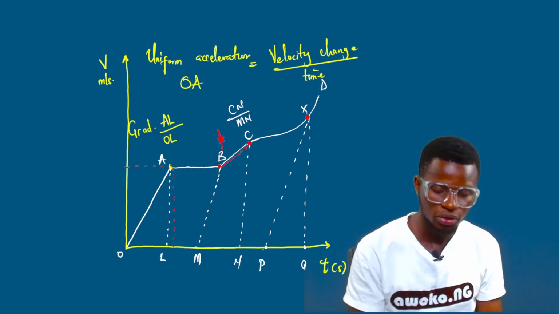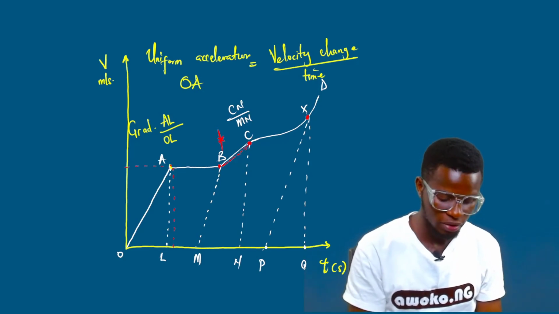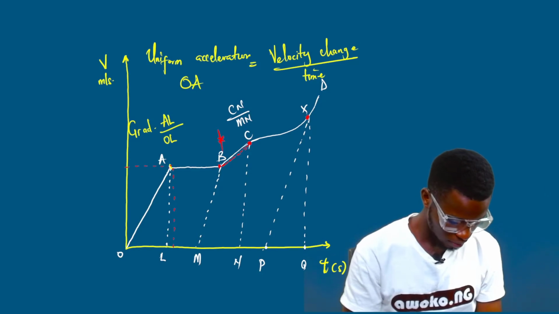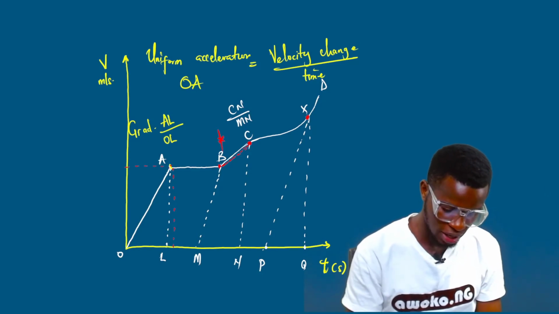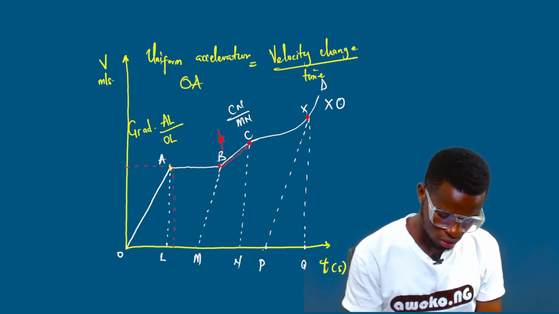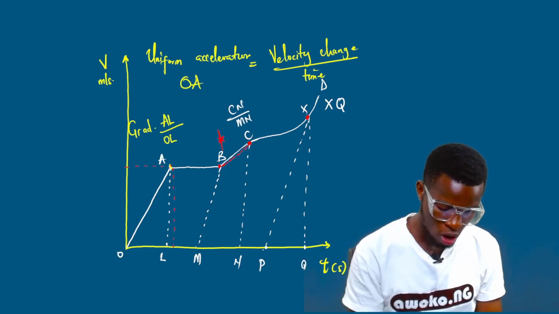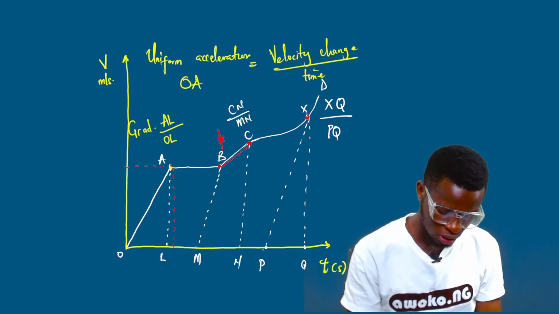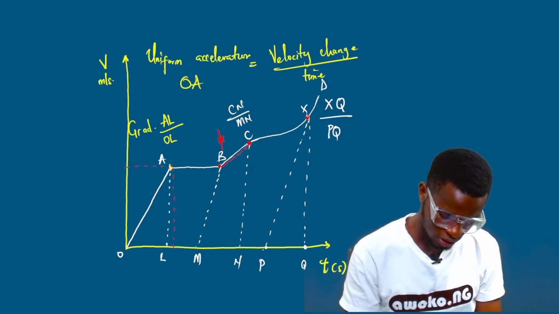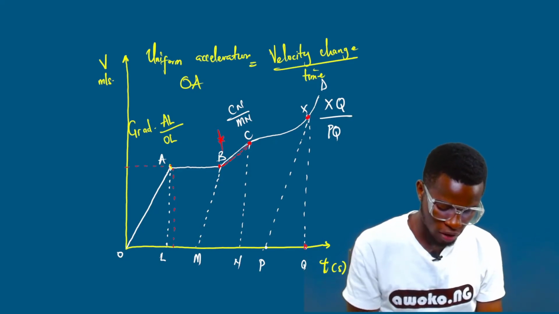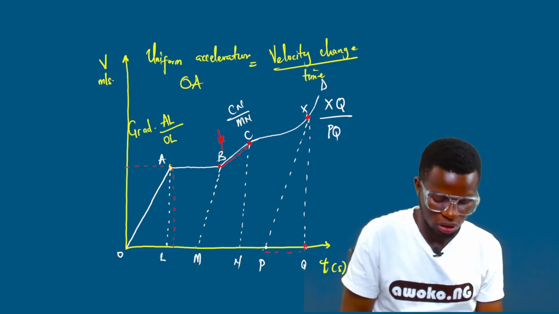And the third gradient you can see from this graph is the gradient xq all over pq. So the distance from this point to this point, which is xq, is seen as xq all over the time taken, which is pq.